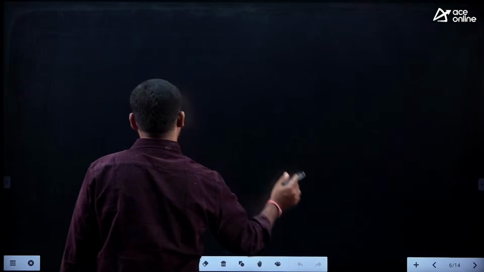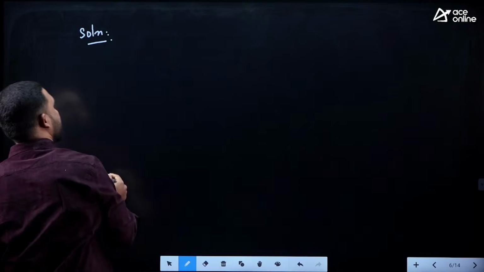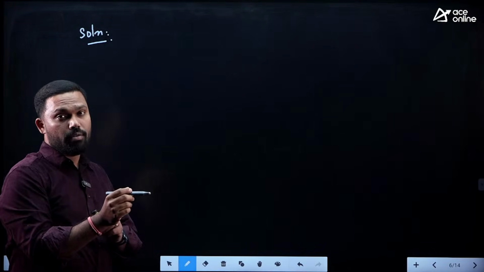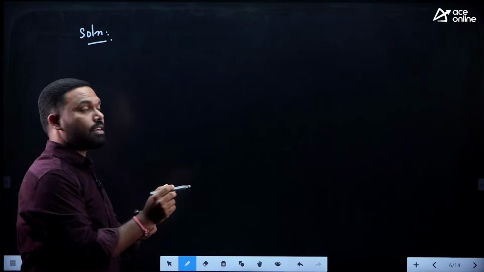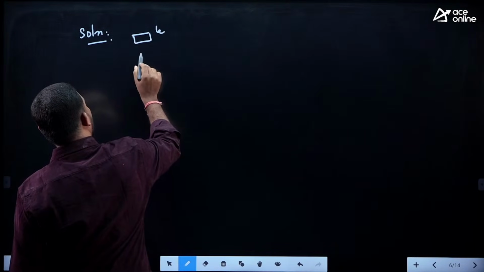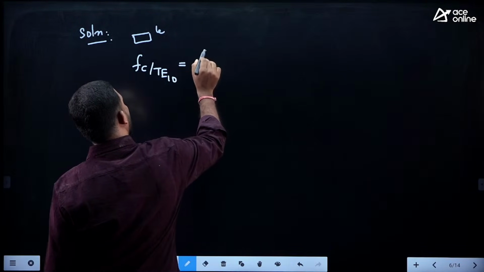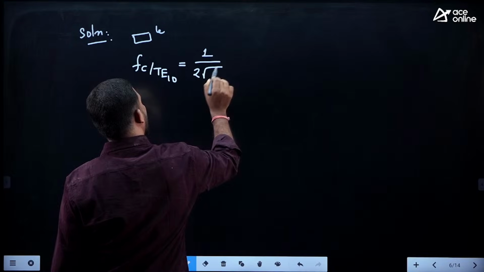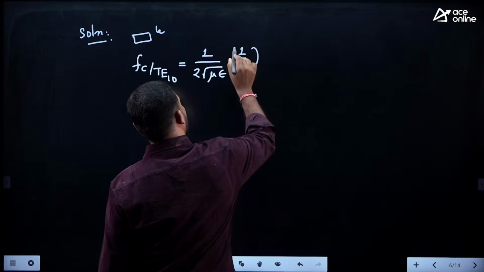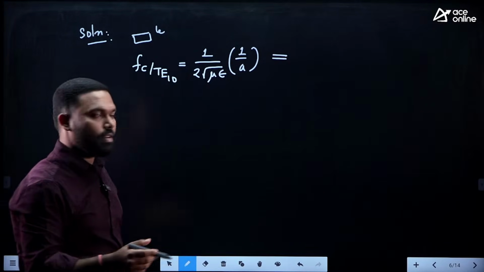What is said in the question is, we wanted to maintain the same dominant mode cutoff frequency for rectangular waveguide and circular waveguide. So what is the dominant mode in the rectangular waveguide? It is fc TE10, which is equal to 1 divided by 2 square root of mu epsilon into 1 by a. I want to make this one equal, because that is what is given in the question.